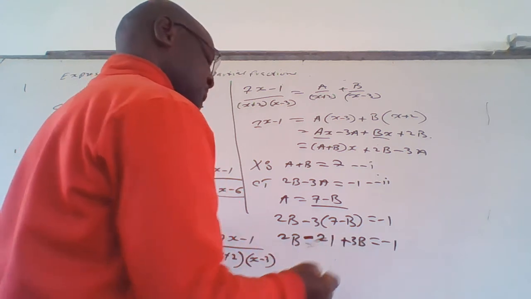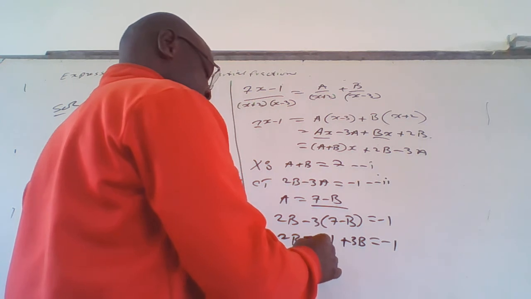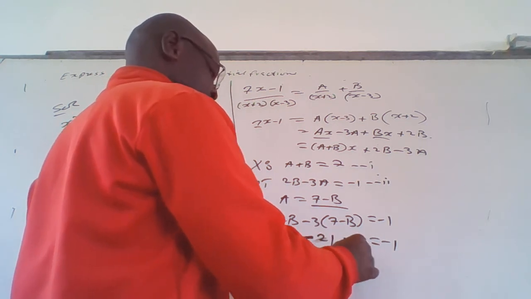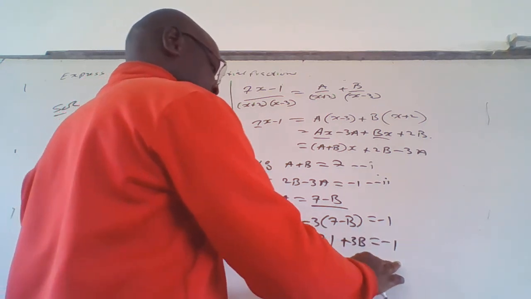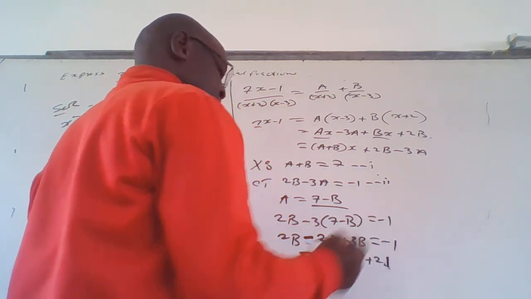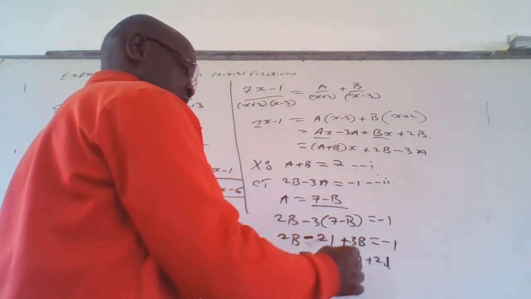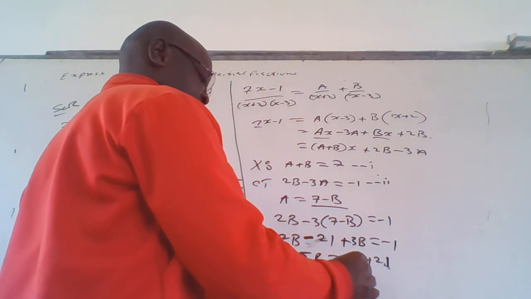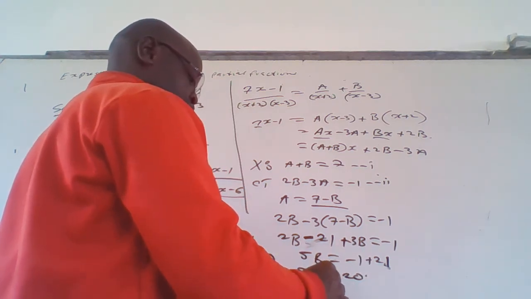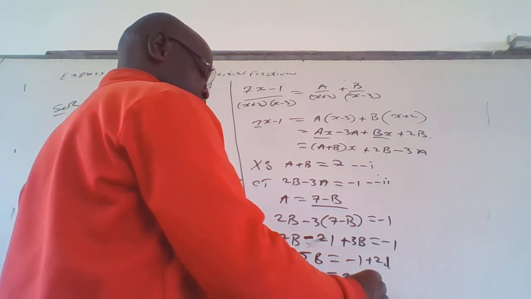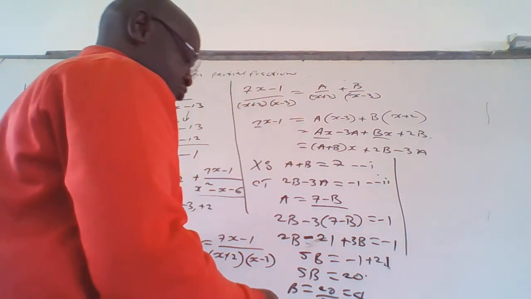So 2B plus 3B, we have 5B. 5B equals negative 1 plus 21, which is 20. Therefore, B equals 20 over 5, so B equals 4.